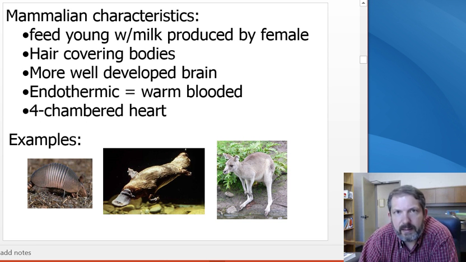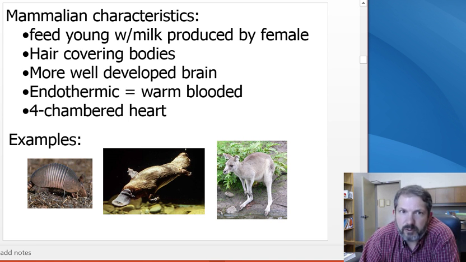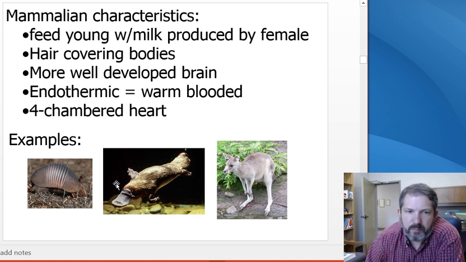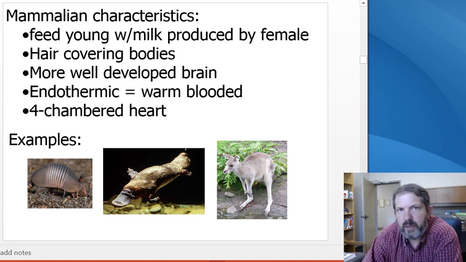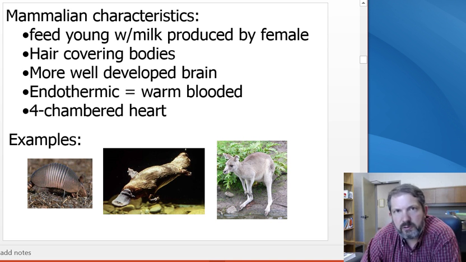The main thing is milk. That's a common thing. That doesn't mean that all mammals are alike. They all produce milk for their young, but the platypus and the echidna are very primitive mammals. They don't have defined nipples. They just sweat milk onto the fur, and the babies lick it up.